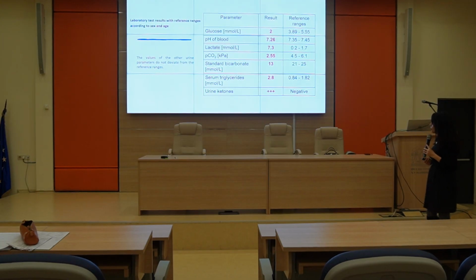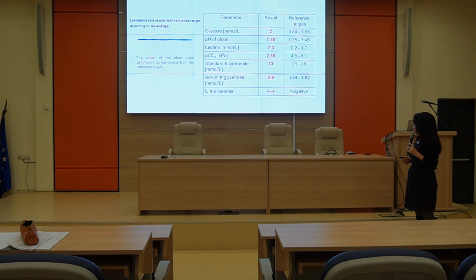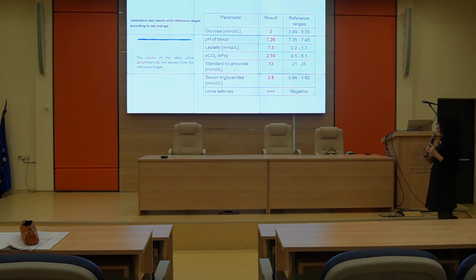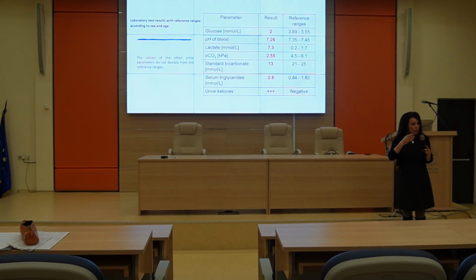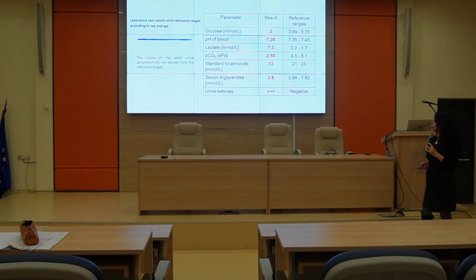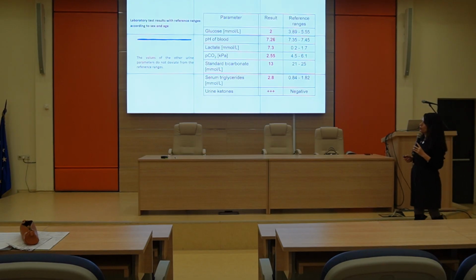The partial pressure of carbon dioxide, very low. Standard bicarbonate, very low. Serum triglycerides, you know that triglycerides means triacylglycerols, the same. Triglycerides are very high, and urine ketones, ketone bodies in the urine, 3 pluses, the normal without.